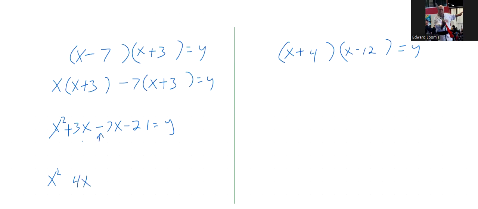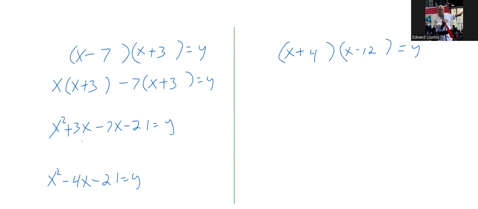It's negative. So that's a negative 4x. I'm going to have no like terms for my constant. That's negative 21. So I'm going to bring that down, negative 21. That whole thing is equal to y. There's your first problem. X squared, negative 4x, negative 21 is y.